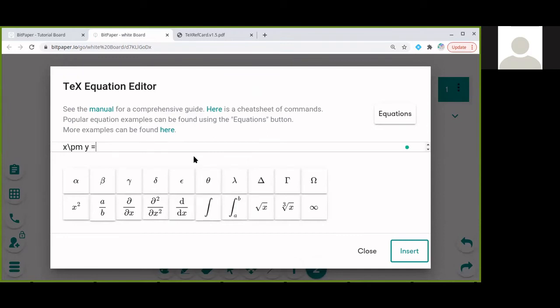The uncertainty should be given in percentage. The uncertainty in X plus or minus Y is delta X plus delta Y.